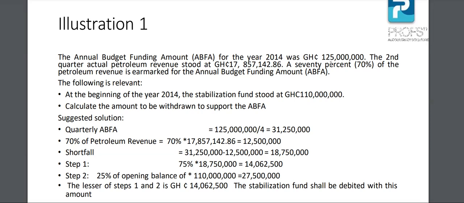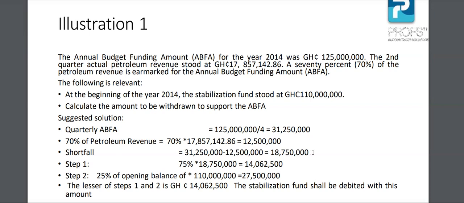Okay, this one was even given in the question, so that is fine. The question indicated that 70% of the petroleum revenue is earmarked for the ABFA. So meaning we need to find 70% of actual revenue, which is 70% of the 17.8 million, which is giving us 12.5 million. So the actual 12.5 million, then the budgeted 31.25 million. There's a shortfall of 18.75 million.